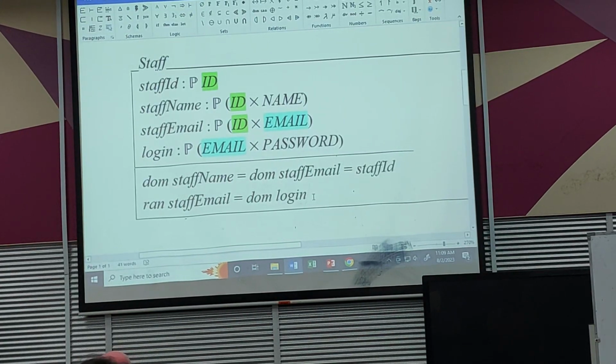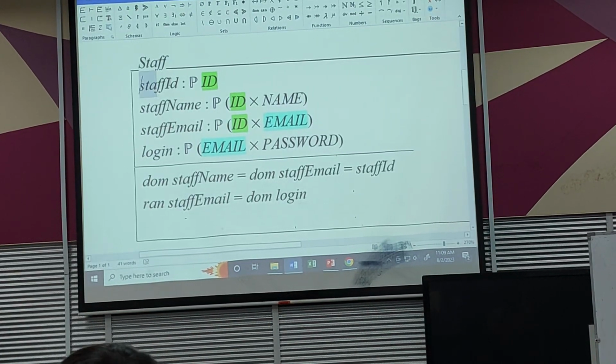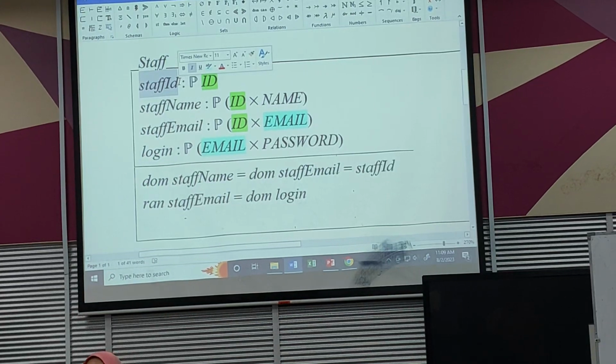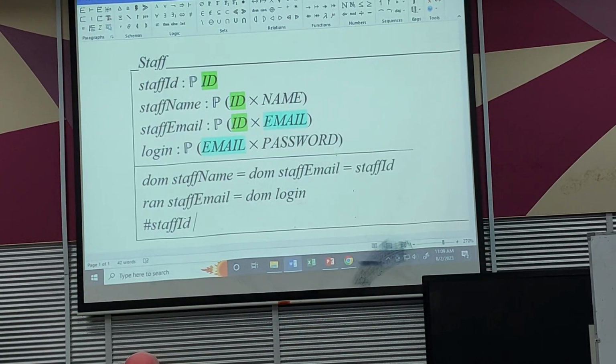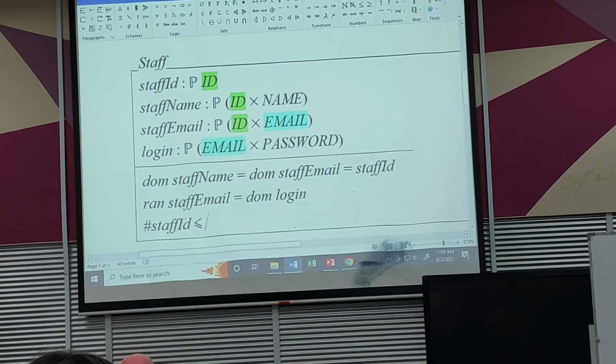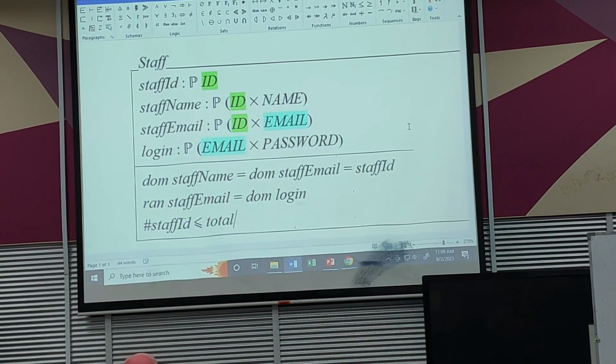Okay, so here your primary key is your staff ID. In order for you to know how many staff that you have, you use hashtag. Okay, hashtag staff ID. You can put less or equals to total staff. Like that.